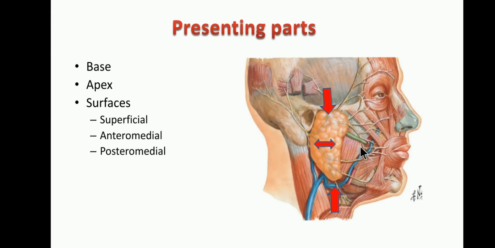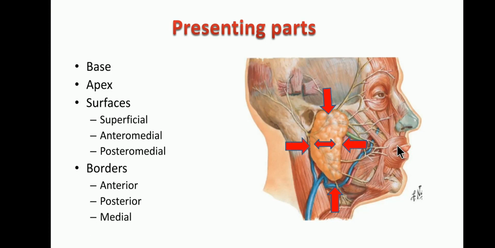The other two surfaces I have mentioned, the anteromedial and posteromedial surfaces, are not seen in this view. Then you have three borders: anterior border, posterior border, and one more border, the medial border, again not seen in this view. Anyway, we will discuss these surfaces and borders one by one.